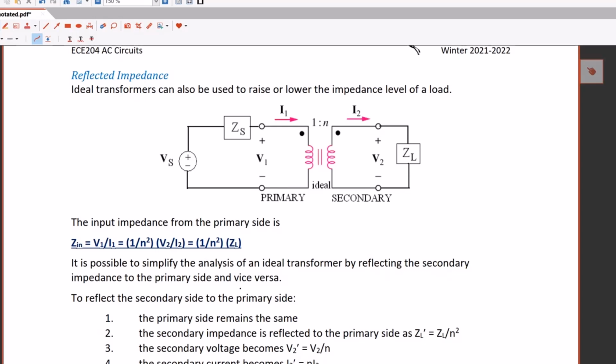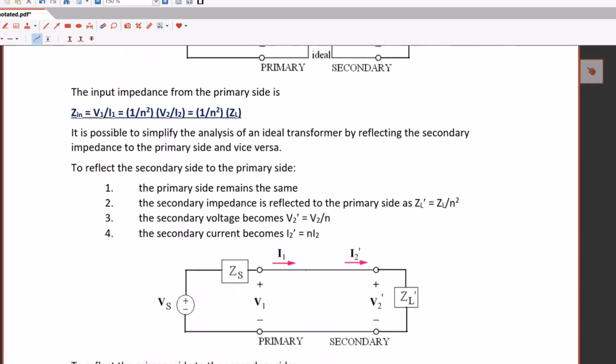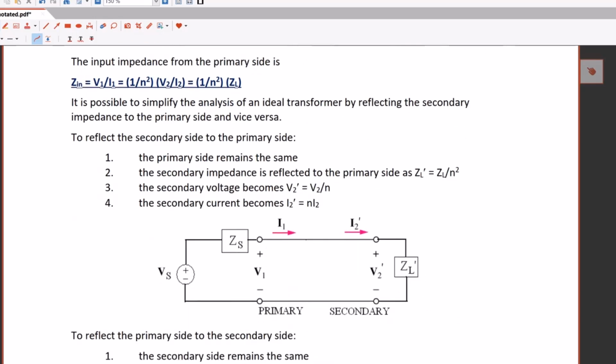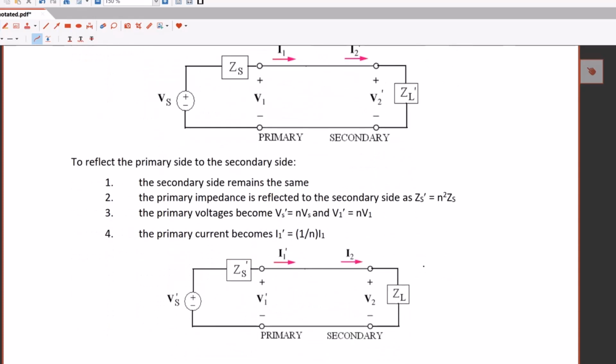So the way that I reflect the load to the input side is you divide it by N squared. Everything on this page is copied from your other lecture. It's basically a review and reminding you how to reflect from the secondary to the primary side, and how to reflect from the primary to the secondary side.